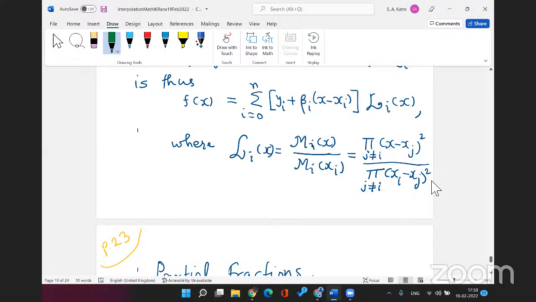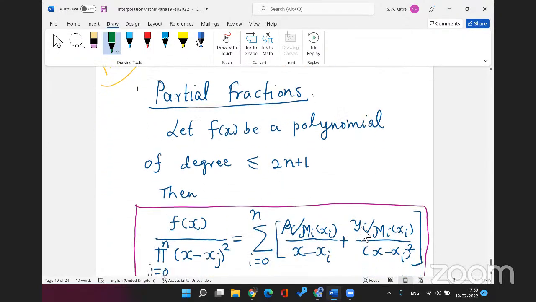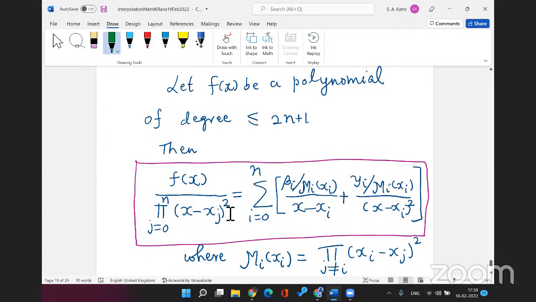But this thing is there that we have to consider. So you get the final formula for partial fractions: f(x) upon product (x minus x_j) square is equal to summation beta_i upon script M_i(x_i), that is the square actually, upon (x minus x_i) plus y_i upon script M_i(x_i) upon (x minus x_i) square, where capital script M_i(x_i) is product (x_i minus x_j) square, j not equal to i.